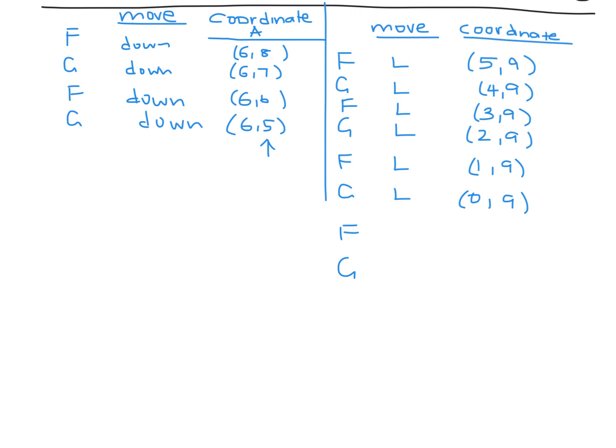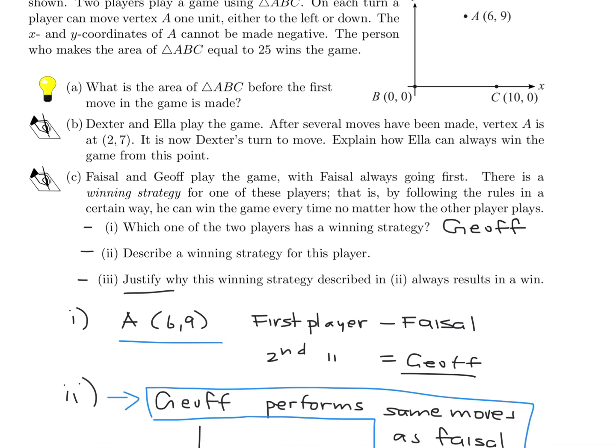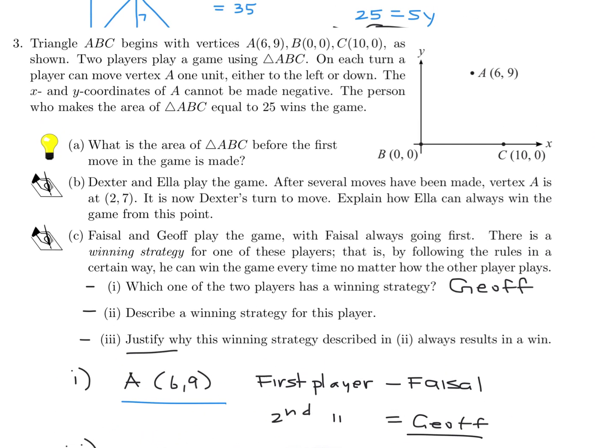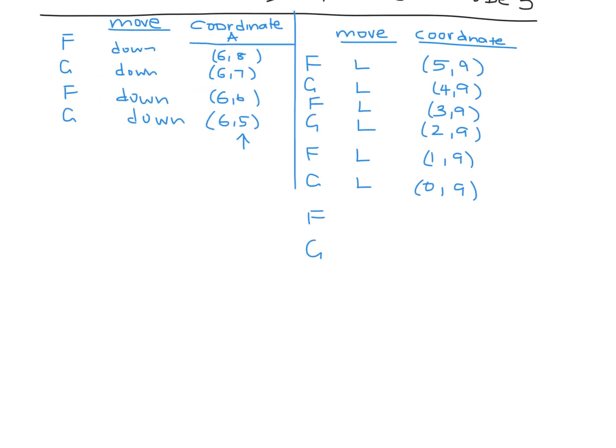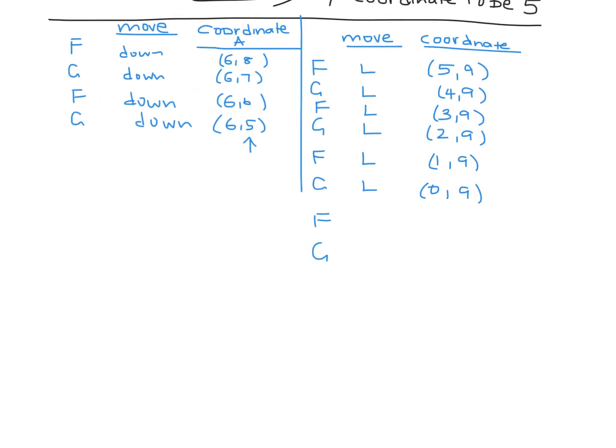That's one of the rules. I think that's somewhere in here. Oh yeah, right here. The coordinates cannot be negative. So at this point we have no choice but to go down. So if you go down, this will be 0, 8 for Faisal. And then you get the idea. 0, 7. Faisal, Jeff 0, 6. And then finally Jeff 0, 5.